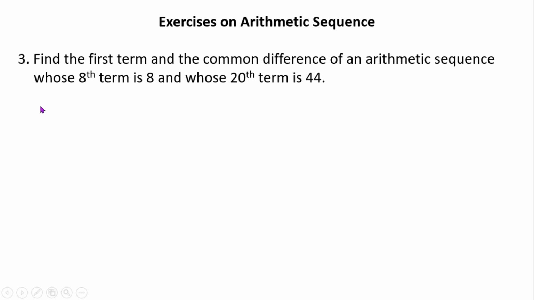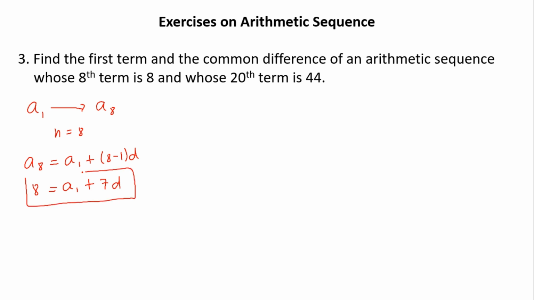Take note that from a sub 1 up to a sub 8, there are 8 terms. So we can say that a sub 8 is equal to a sub 1 plus 8 minus 1 times the common difference d. We know that a sub 8 is 8, so 8 equals a sub 1 plus 7d.